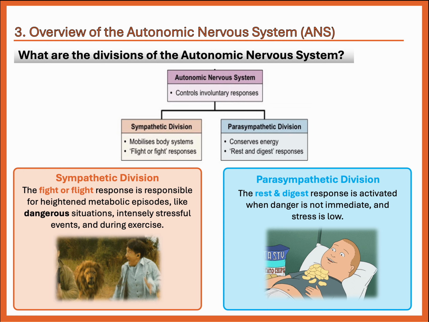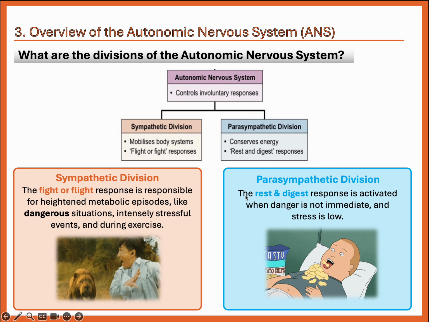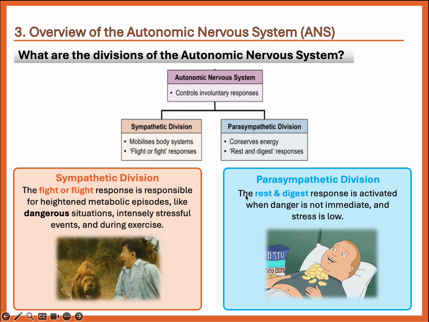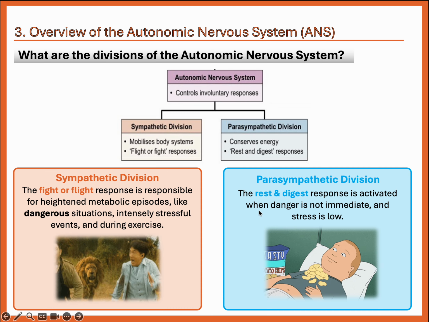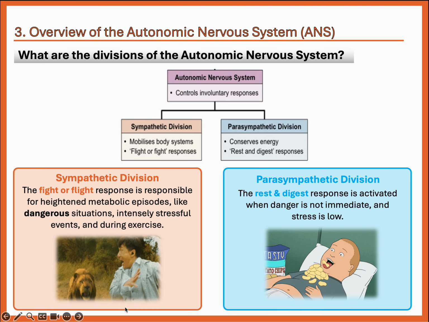These are not in your control. It's the sympathetic division. The parasympathetic, right, when you're sitting on a rock in the middle of the ocean, meditating, this is the rest and digest response. It's activated when danger is not imminent and stress is low. So in this case, again, this is so that you could recuperate from that stressful event that's there.